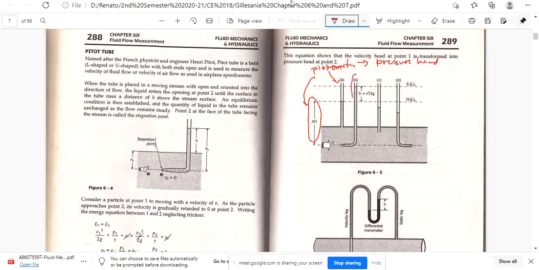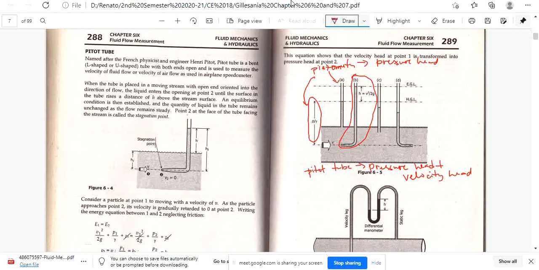Look at the Pitot tube. It measures pressure head plus velocity head. So, that's it. That's the only difference between the two.